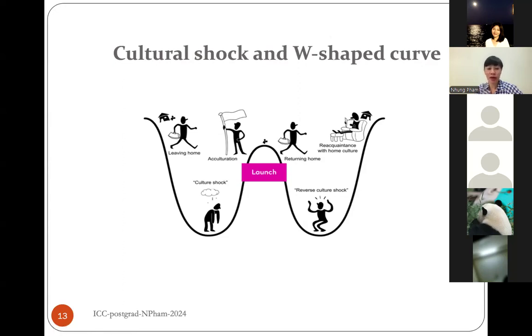And these become key concepts in intercultural communication. And this is why we will see and hear a lot of these concepts again and again in this course.